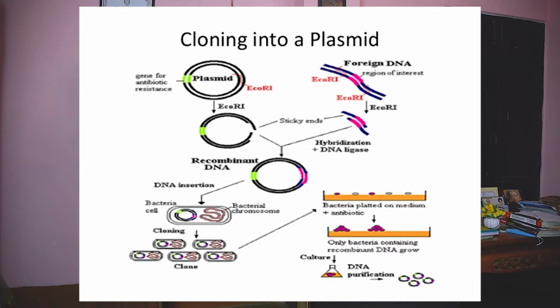Then hybridization plus DNA ligase, and finally we get the DNA insertion, then bacterial cell, bacterial chromosome, further cloning, then clones plated on medium plus antibiotic. Only bacteria containing recombinant DNA will grow, and further culture will go on, then the DNA is purified and we get the recombinant product of the new DNA.